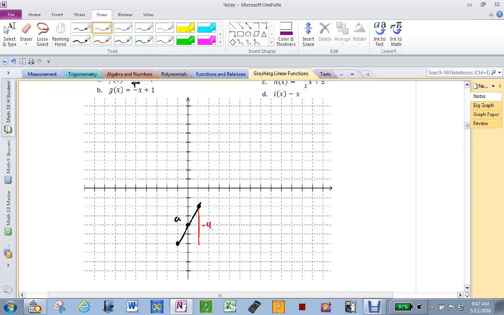Negative 4, yes? 1, 2, negative 2. What is negative 4 divided by negative 2? Positive 2. So my slope is 2.